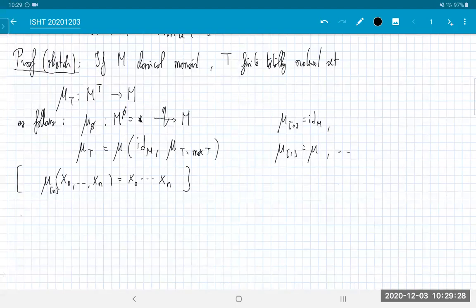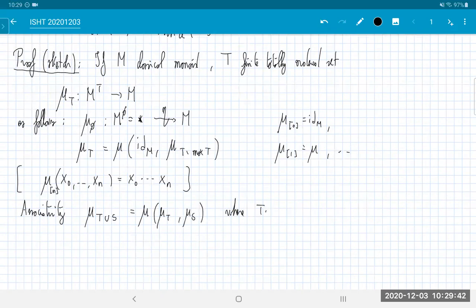Associativity tells essentially that mu of T union S, with the lexicographic order, and essentially this functor delta op into C is just encoding this mu T for every T. That's the intuition you should have.